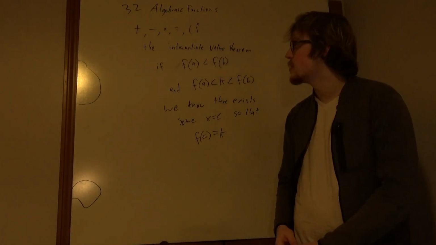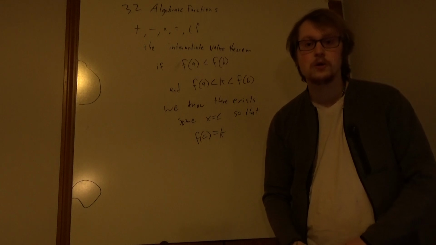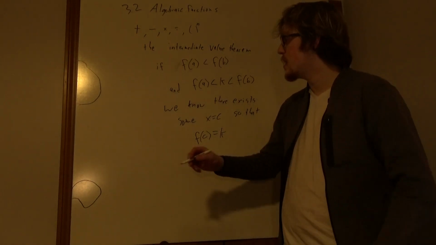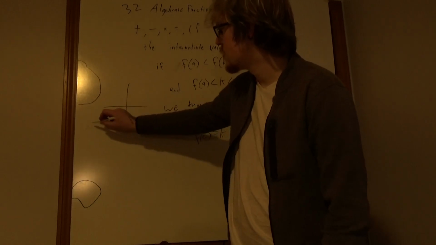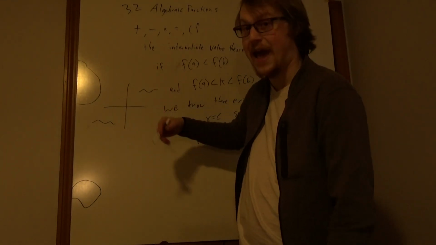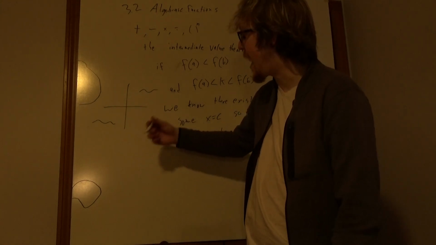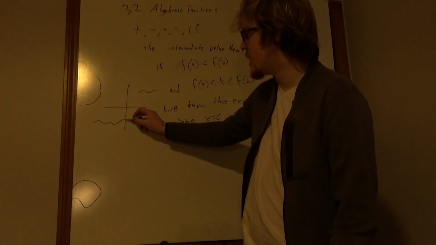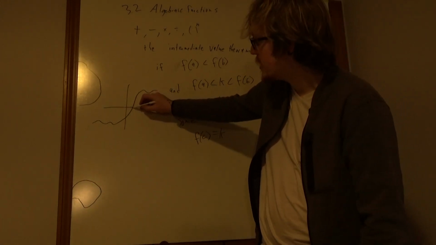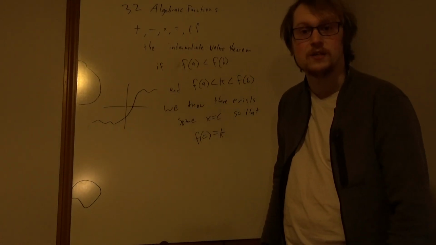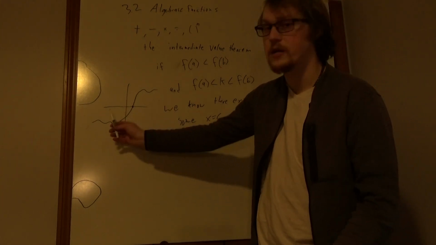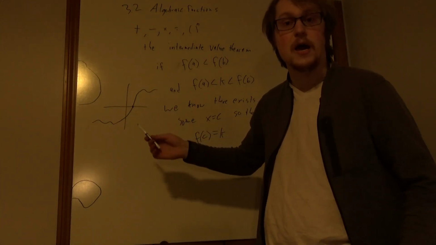And that's just because for a continuous function, which all polynomials are continuous, if it's negative down here and positive up here and continuous, there has to be a way to connect between them. There is no way to connect between them where it doesn't cross the x-axis. So there's always going to be a 0 between any 2 points that have opposite sign.